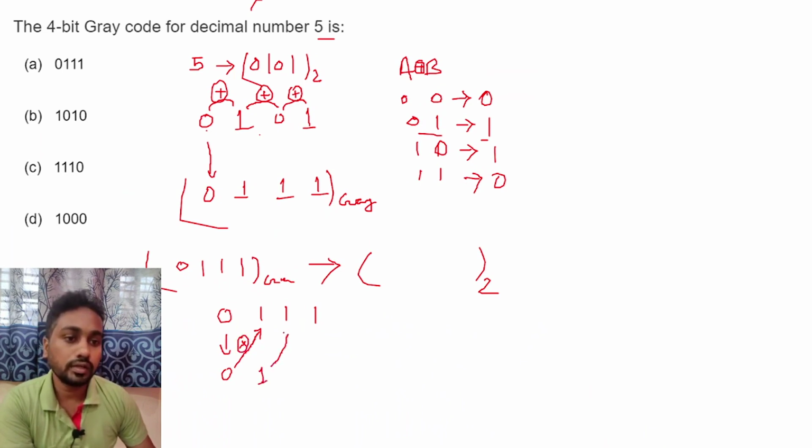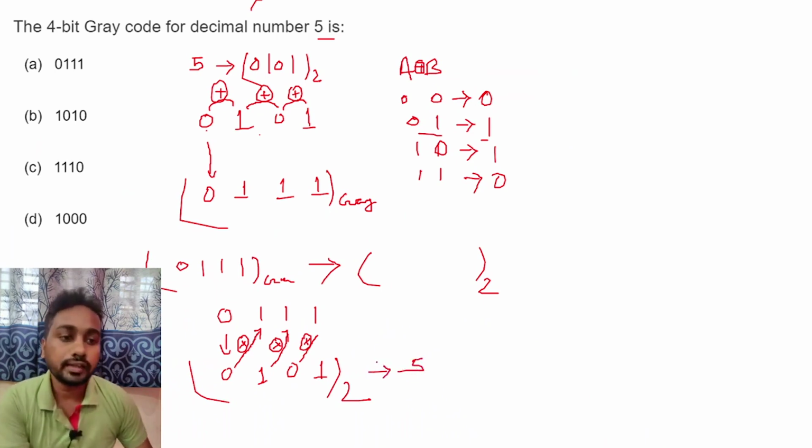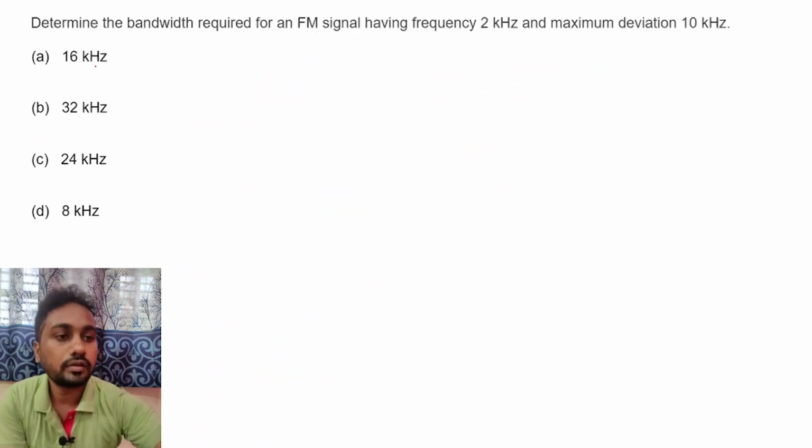Again this 1 with the next 1: 1 and 1 is 0. Again 0 and 1 is 1. So the binary number came out as 0 1 0 1, which is 5. Like that you need to convert gray to binary and binary to gray. So option A is the right answer. Okay, next.